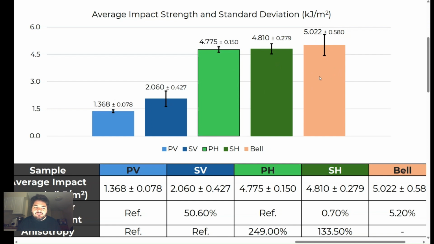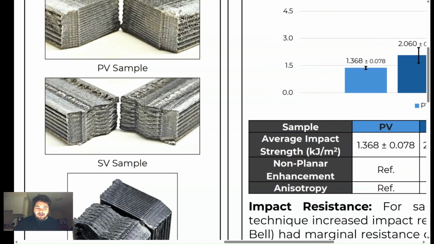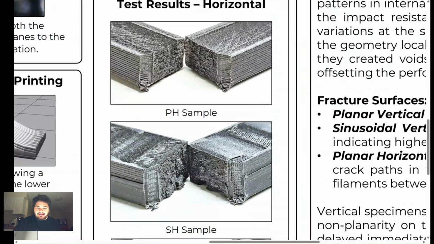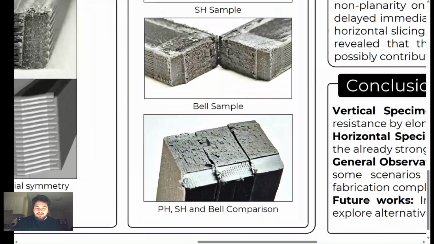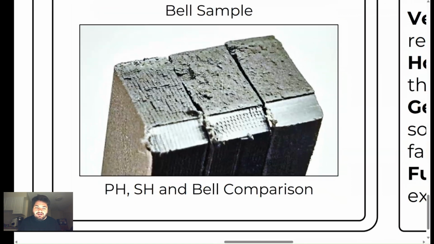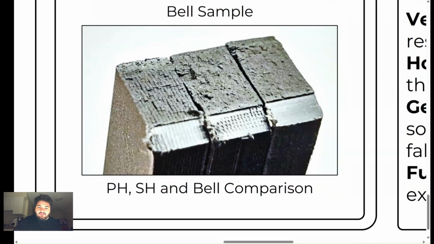That is because, for the direction of the test, the horizontal orientation is already the optimum orientation. So whether planar, sinusoidal or bell-shaped, they were mostly horizontal, so the differences are not representative. And we can see that they all have a very similar fracture surface.